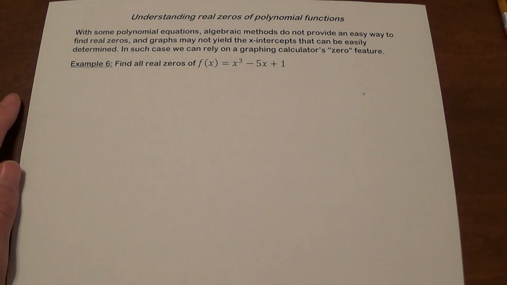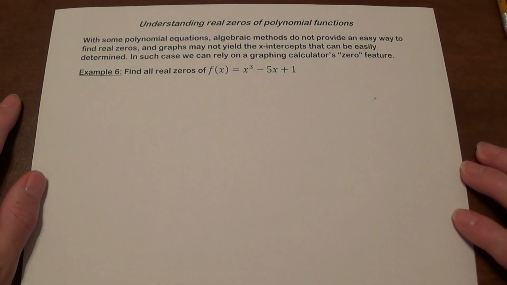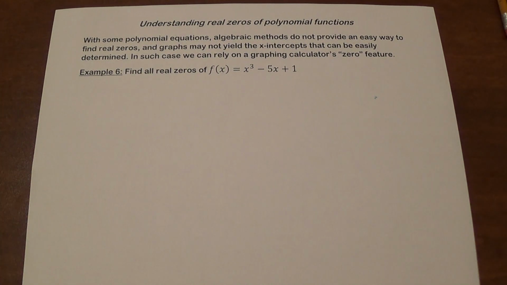Okay, so what about a situation when it's not factored and it doesn't have an easy way of doing that? So then you can do that by graphing the function as is given to us, and finding the real zero by relying on, in this case, the zero feature.